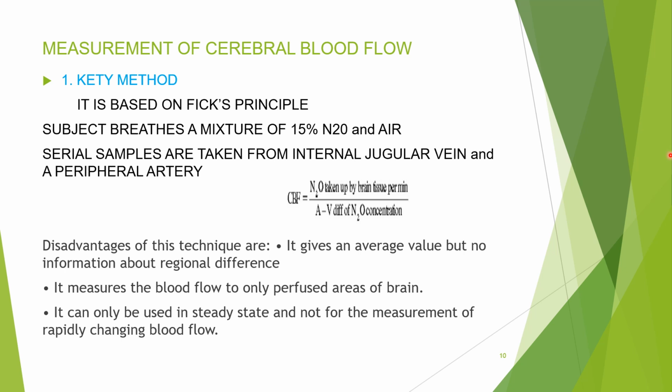We can measure it by the Kety method, by SPECT, that is single photon emission computed tomography, which uses radioactive substances, with the help of PET, that is positron emission tomography, and also with MRI, that is magnetic resonance imaging.